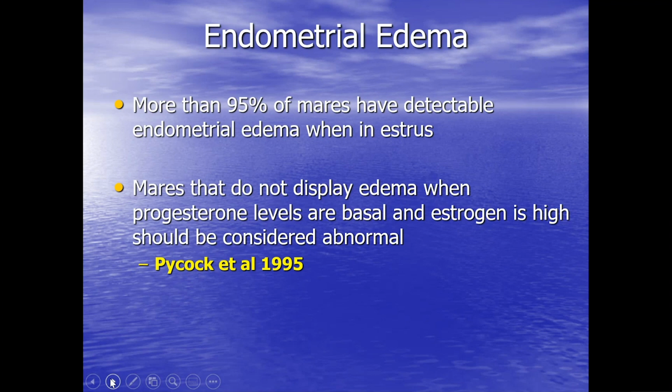When we had a basal progesterone level and a high estrogen, any mare that didn't display edema, we were able to look at the oocyte. It was poor quality. Basically, we consider that cycle to be abnormal. So failure to detect endometrial edema as a mare progresses through the follicular phase is not normal.